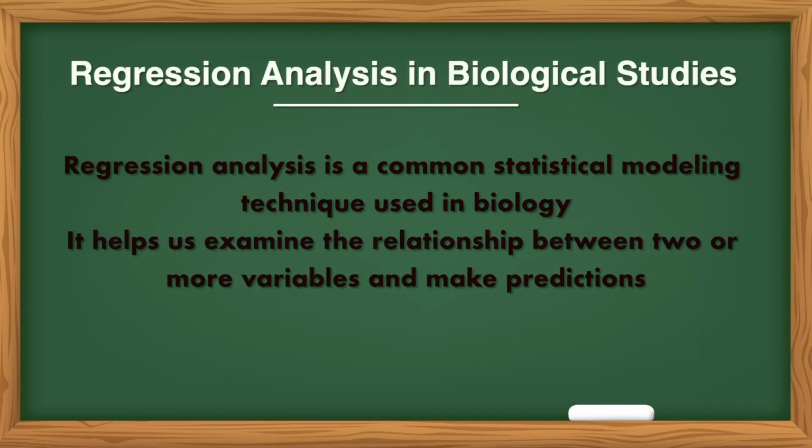Regression analysis in biological studies. Regression analysis is a common statistical modeling technique that is used in biology. It helps us to examine the relationship between two or more variables and make predictions. For example, imagine you are studying the effect of nutrients on plant growth.